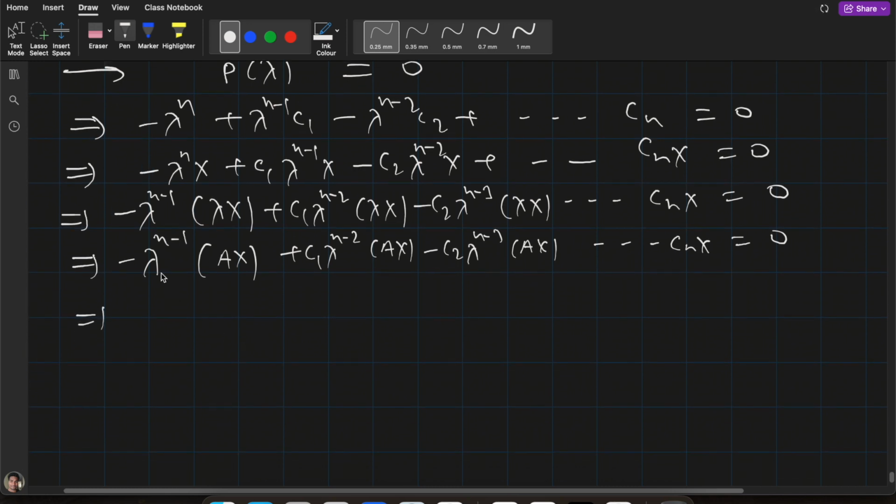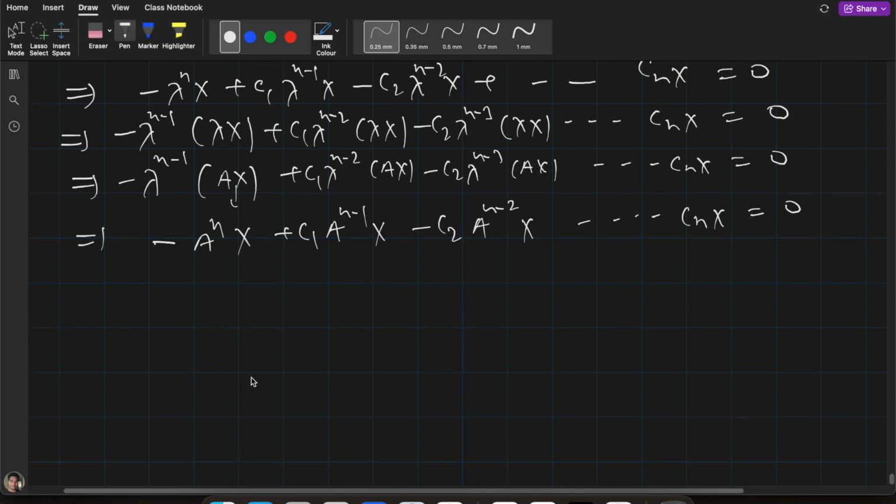Now take every lambda inside, since it is a scalar. It is nothing but A raised to the power n x plus c1 A raised to the power n minus 1 x minus c2 A raised to the power n minus 2 x, and so on, and cn x equal to 0.